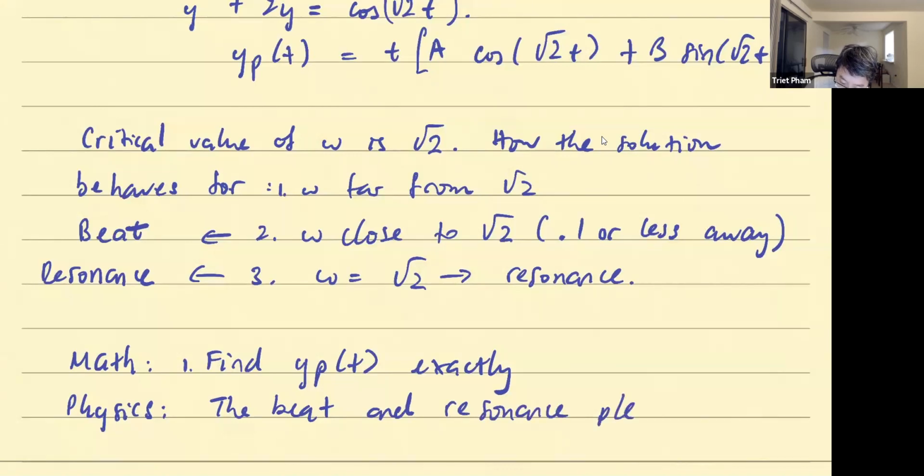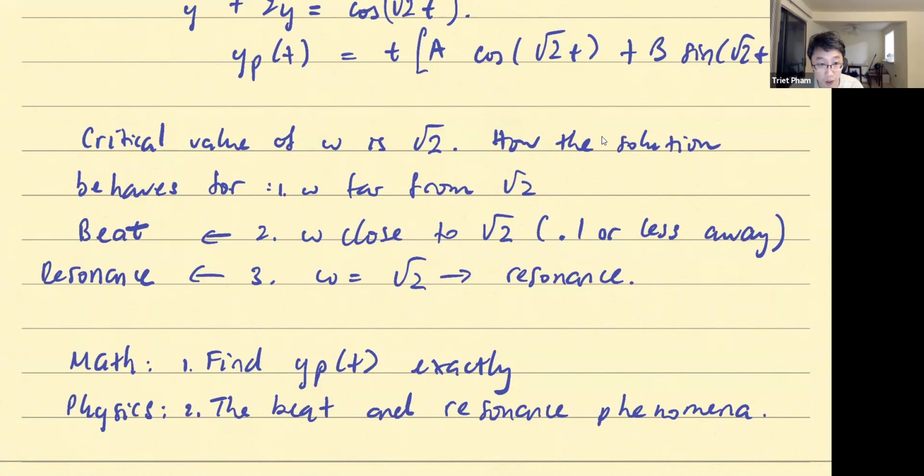So we need to address each of these separately. I will address this first, and then maybe spend more time on this next class, or start discussing this in this class. Okay.